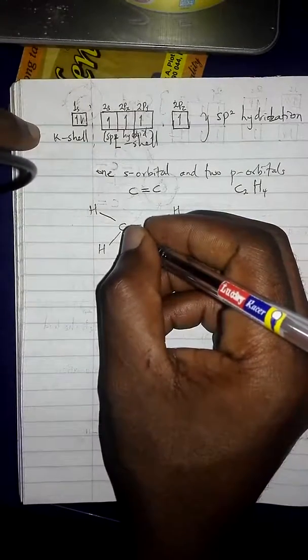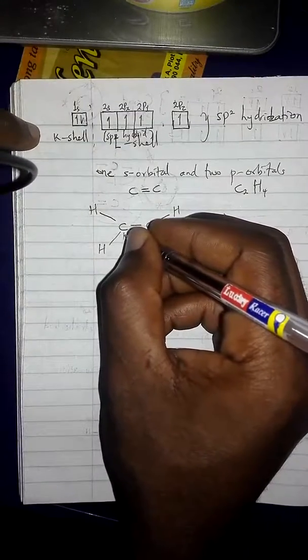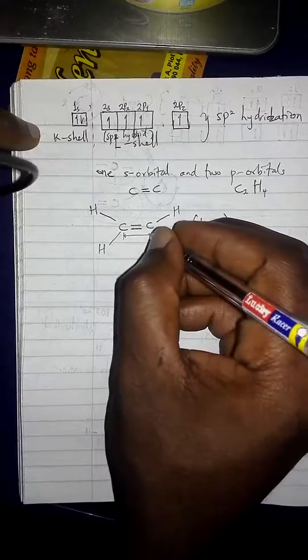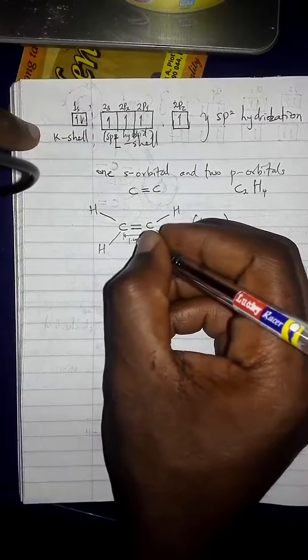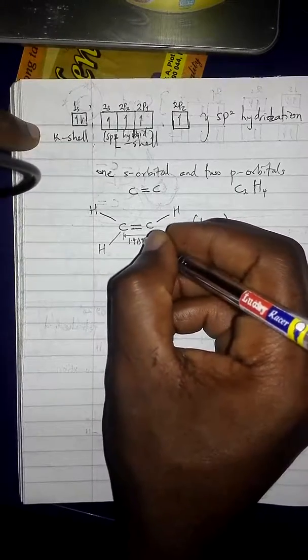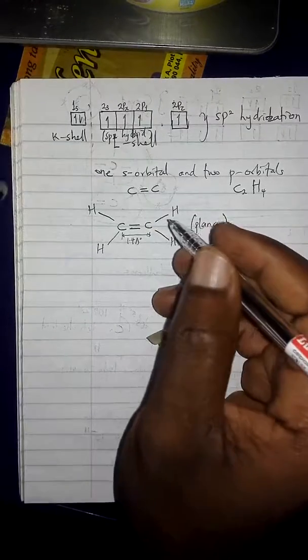Another thing is it leads to the formation of a molecule with a bond length of 1.4 Angstrom. That tells you that the distance between this carbon atom and this carbon atom is 1.4 Angstrom, that's 1.4 times 10 to the power minus 11 meters. And the bond angle is 120 degrees.